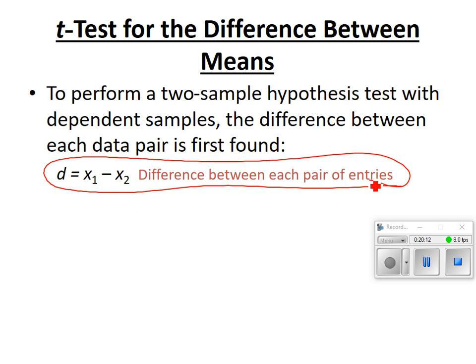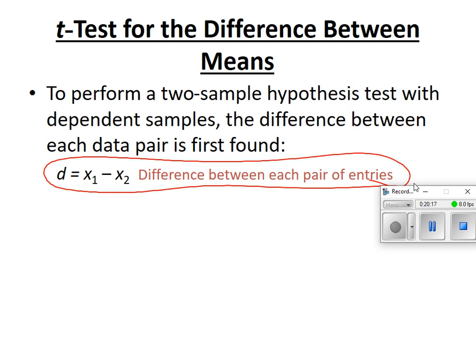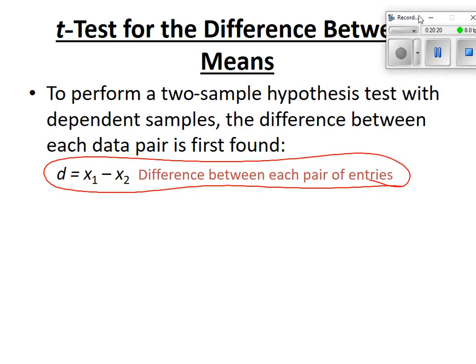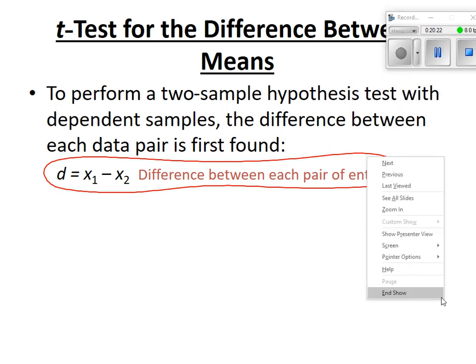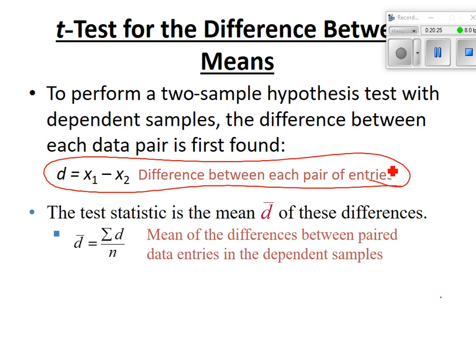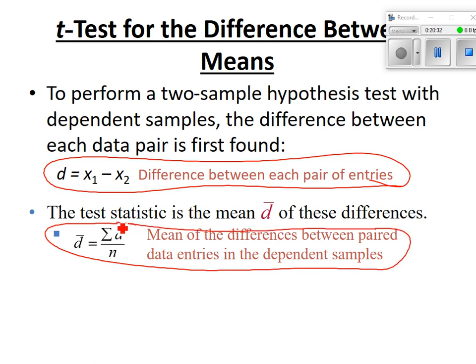So to do these tests, to see if there is a difference between the means in the two samples, the first thing you're going to do is find the differences. Then you've got to do this, and I would write this down. This is your test statistic. I didn't tell you guys this last time: the test statistic is just the top of your standardized test statistic.